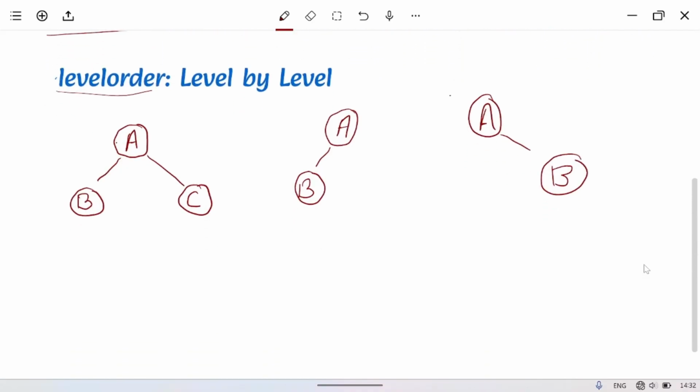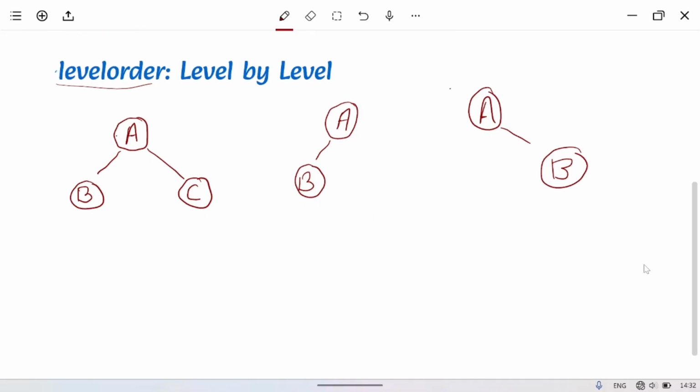Here we have a tree with height 1, a small tree. Let's visit this tree using the formulas we have learned above. First I will write the pre-order traversal for this tree.